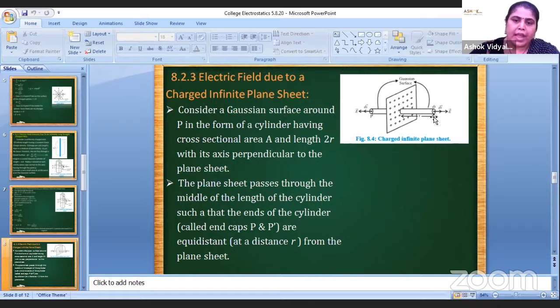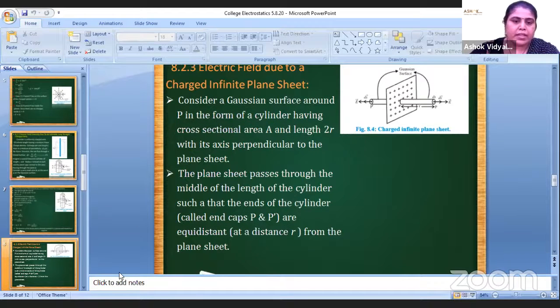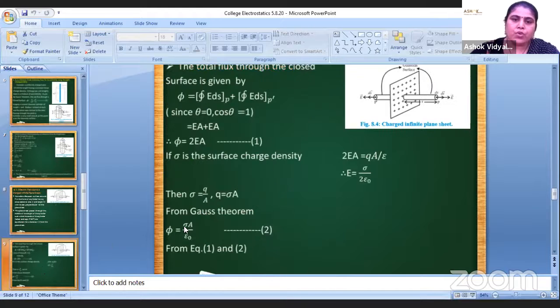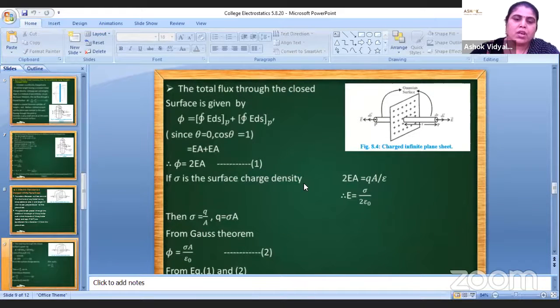We are going to find the electric intensity at these two points, on the left side and the right side. Again in this concept we are going to obtain two equations, equation A and equation B.